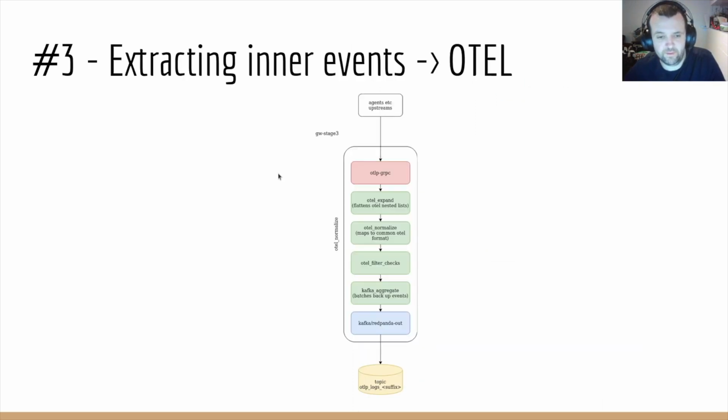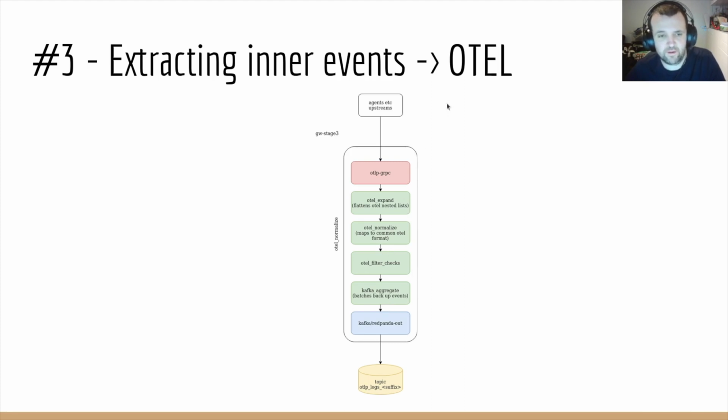Moving along then to the next stage, we'll be receiving the events into a downstream stage 3 Tremor. This is going to be receiving the OpenTelemetry logs and doing what you saw on the previous slide, where we'll do normalization and unpacking of the inner logs often.